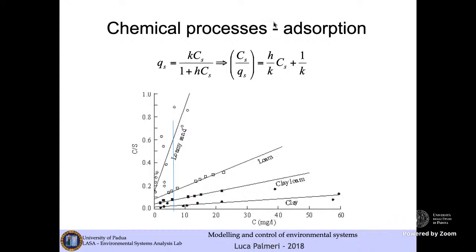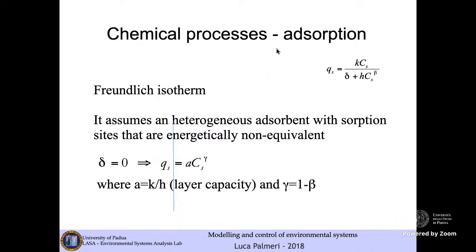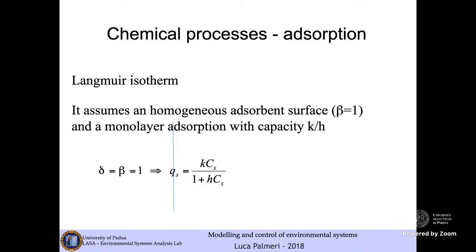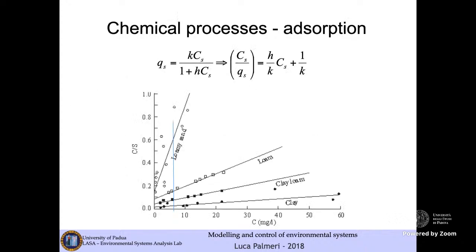These considerations are obtained from the Langmuir isotherm, in which we put delta and beta equal to 1. So monolayer adsorption on a homogeneous adsorbent surface.